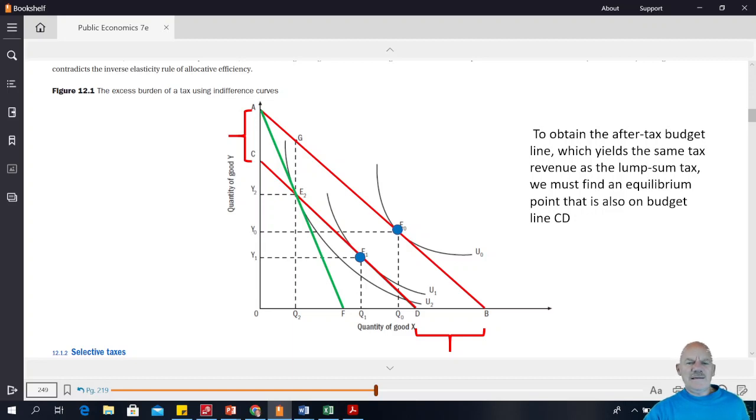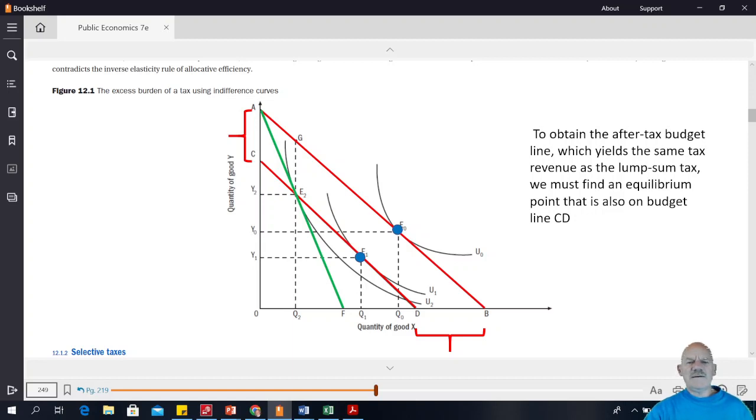So the line CD is the budget line that shows the effect on income as a result of the lump sum tax. So if we want to compare the two taxes, we must stay on that budget line.